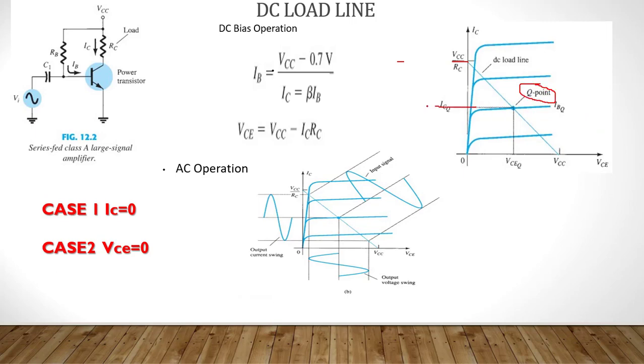This is the middle point, and obviously the 0 point is the minimum point. If I have any sine wave, it looks something like that, with a maximum point and a minimum point. So the maximum point is VCC by RC, the middle point is ICQ, and the minimum point is 0. This is how current can be represented.